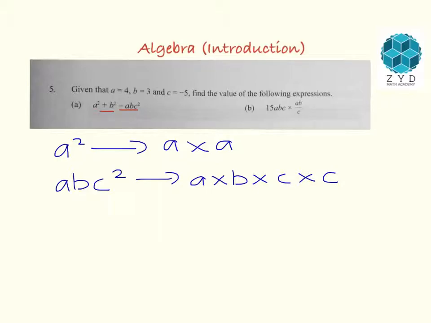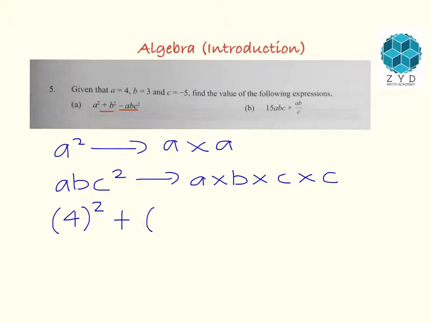So if we understand this, we are now going to try to solve this question by replacing the values of a, b and c with the numbers given above. For part a, we have a equals 4. Since it is a times a, let's put that number in a bracket like this. This is our a square plus b square.